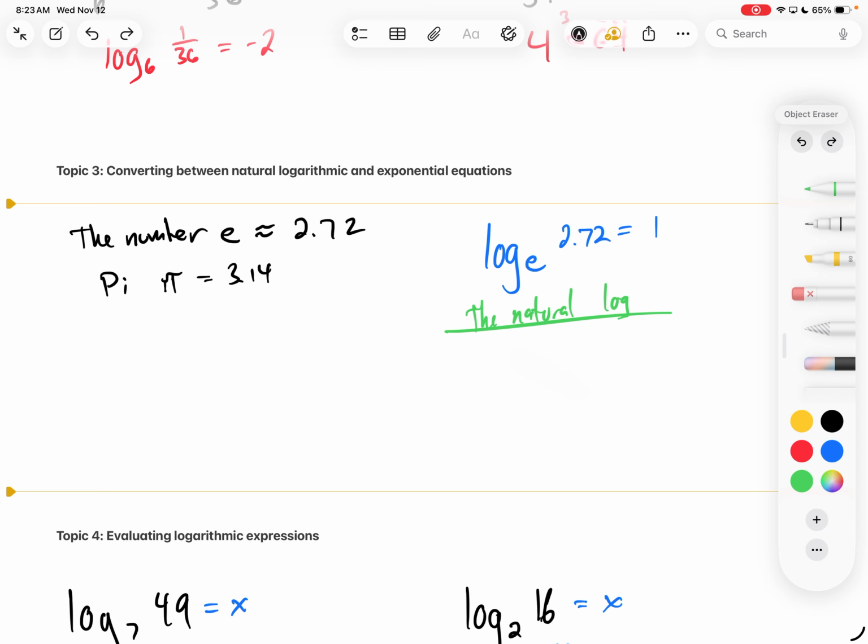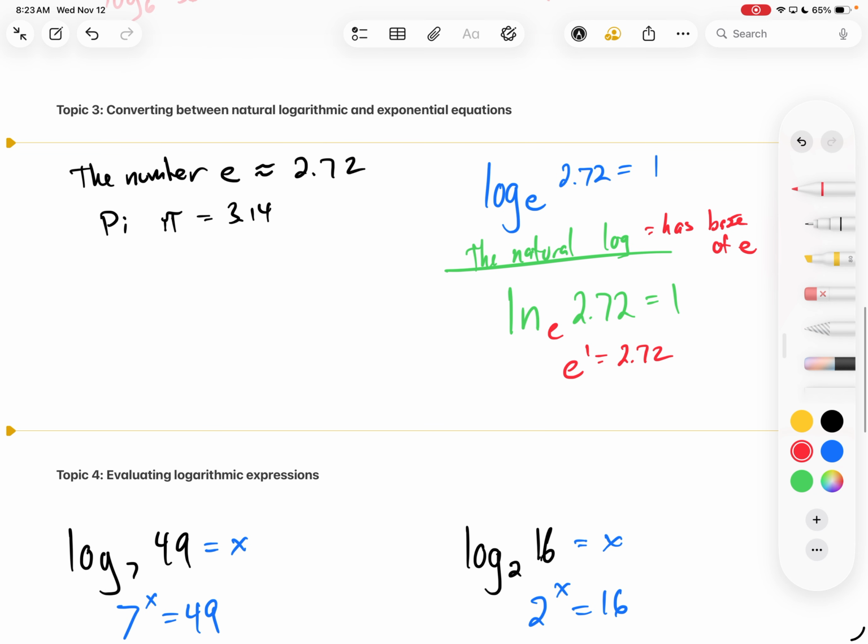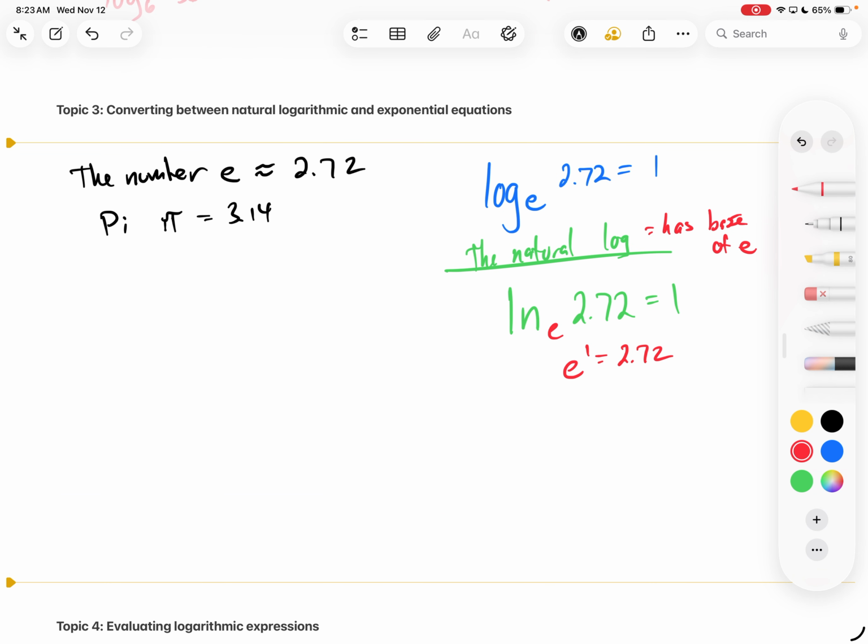I don't know why they write it backwards, but they do. The ln of 2.72 would be 1. The ln, the natural log, has a base of e. So this would be e to the first power is 2.72. Just like the log base 10, you don't write it, but it is there.